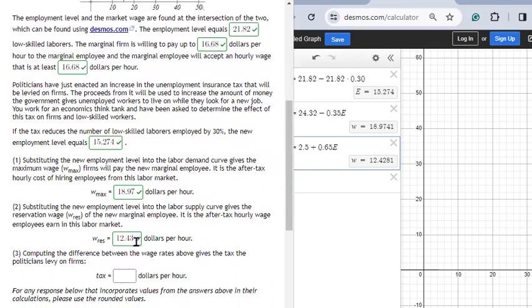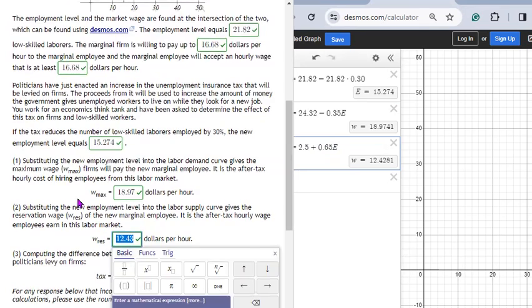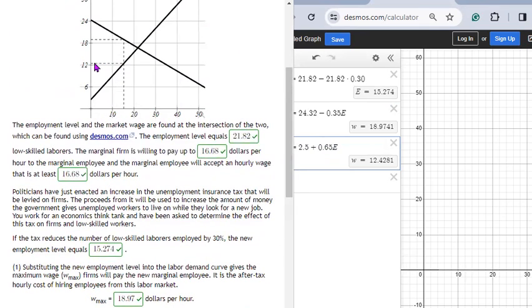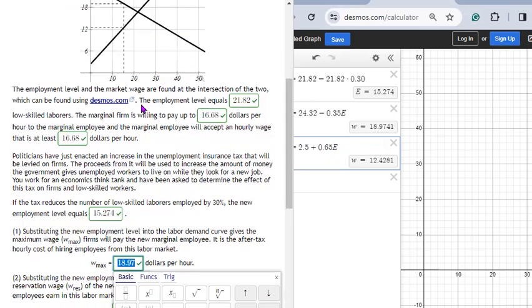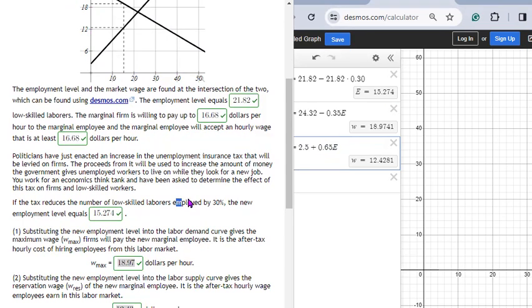Okay, so this height here, 12.43, is this dashed line height. And this height up here, this dashed line, is 18.97. The difference in the height of this dashed line and that dashed line is the dollar amount of the tax.